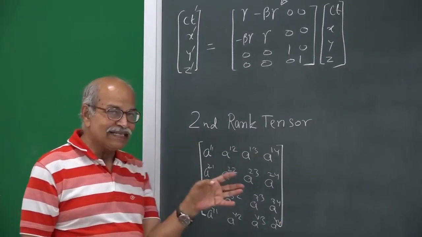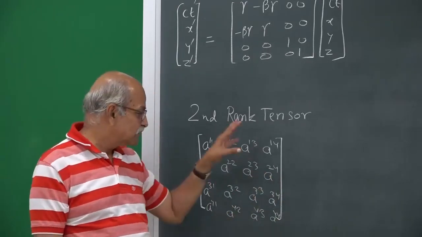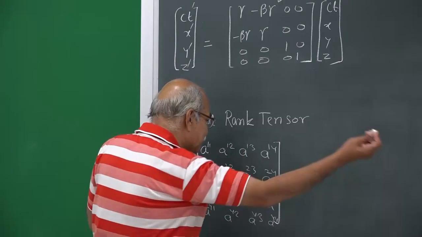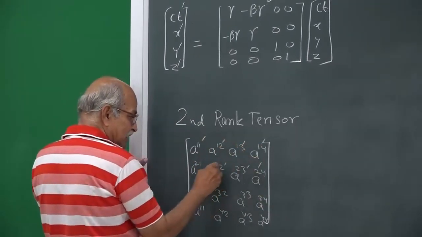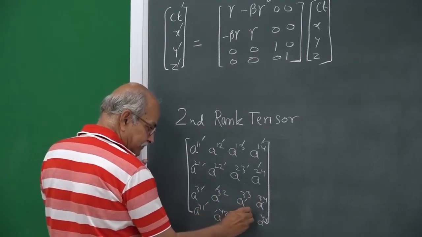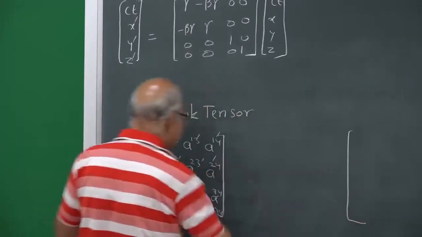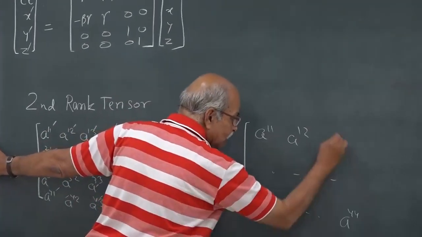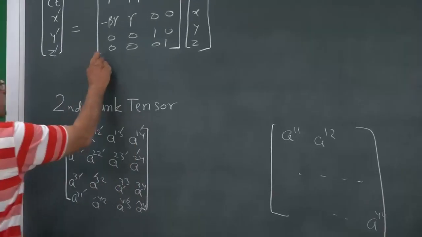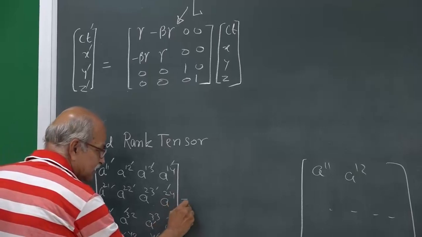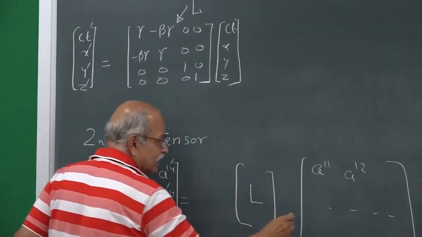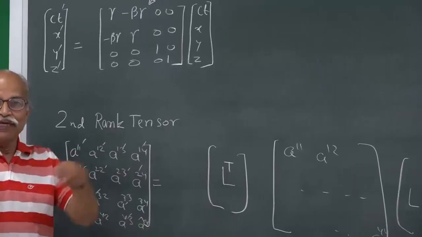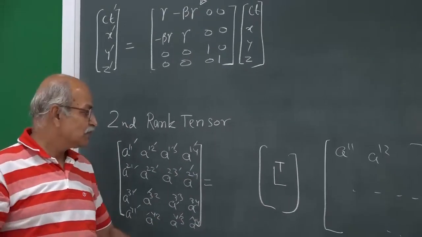So, if you have a quantity which can be expressed in terms of such 16 components in a given frame, and if it so happens that in S prime you have these components and in S you have these components, corresponding components A11, A12 etc., A44 like that, and this is L here, remember this is L. If it so happens that this whole thing can be written as this L here and L transpose here, transpose means row becomes column, first row becomes first column, second row becomes second column and so on, that is called transpose.